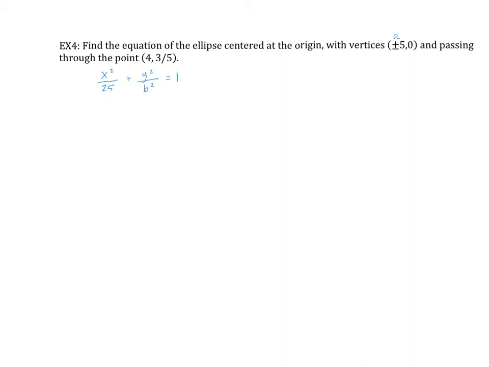But I know that it's going to pass through the point 4 comma 3/5. So if I just put in 4 for x, I'll get 16 over 25. And then 3/5 for y will give me 9 over 25 over b squared. Well, that's equal to 1. So I'm just solving this equation for b squared.